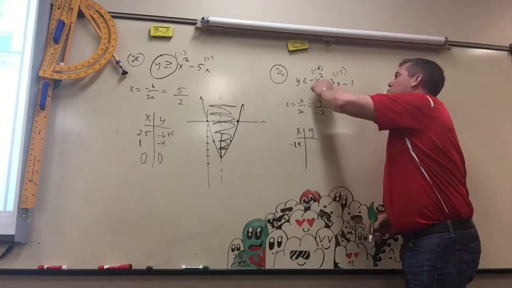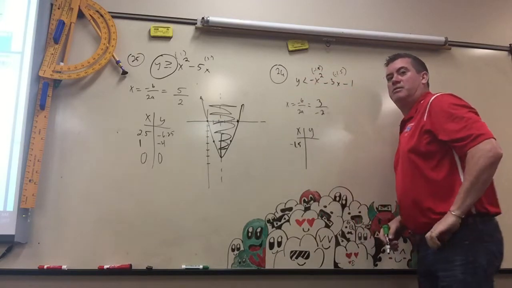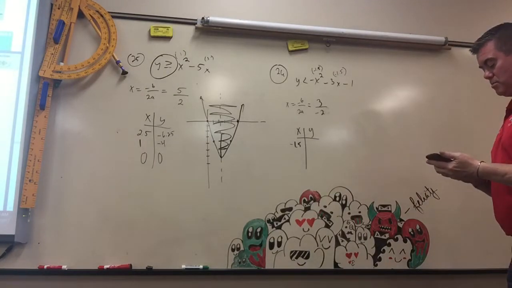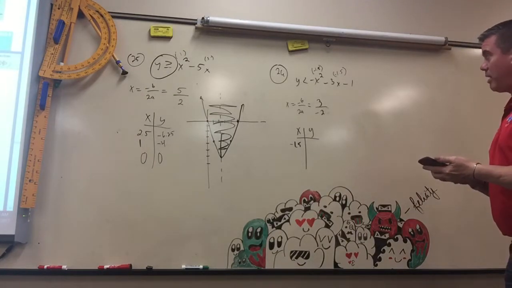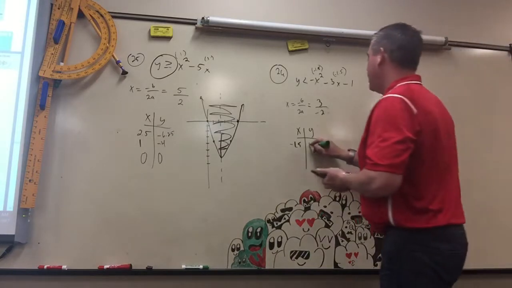Now remember, when you square this, it's gonna turn positive, but then this turns it right back negative again. And you get 1.25.